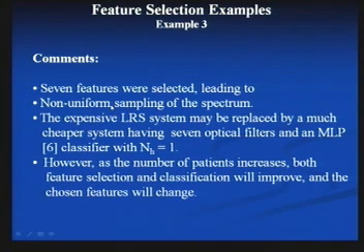Just summarizing results, we had non-uniform sampling of the spectrum, as I illustrated earlier. One implication of this is that instead of using the expensive LRS system to get that spectrum, a much cheaper system having 7 optical filters and a multilayer perceptron classifier could basically replace the expensive system.